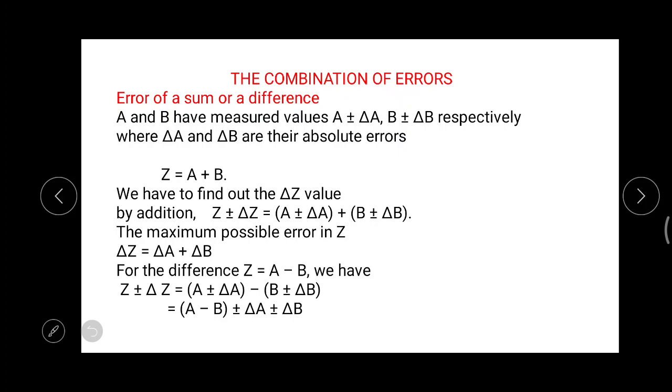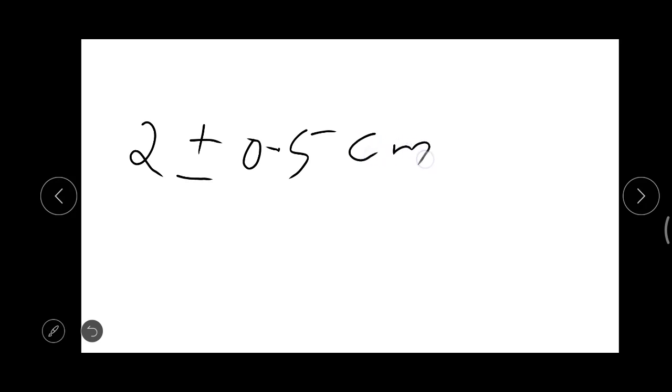Suppose you have the length of some particular object given as 2 centimeters, with an error correction of plus or minus 0.5. That is the given value of the length of one particular material.